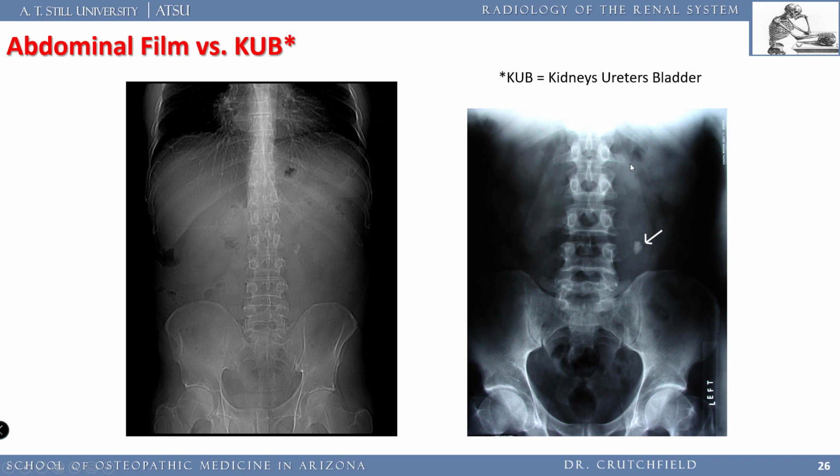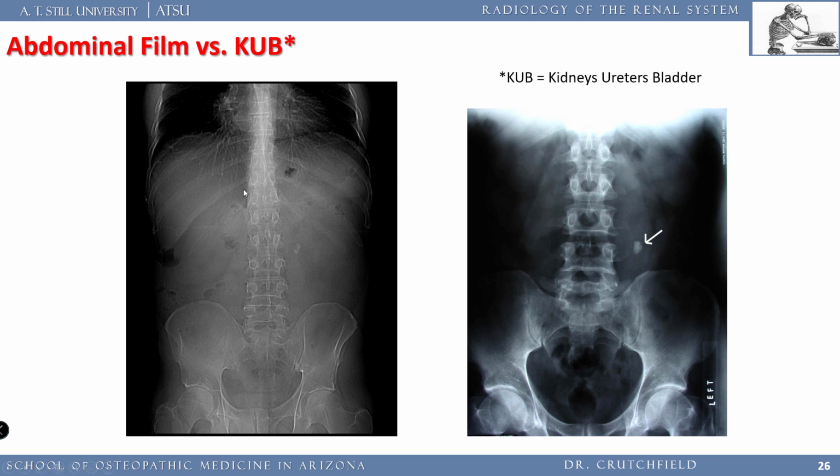And then a KUB. KUB means picture of the kidneys, the ureters, and the bladder. That is only going to go from the top of the diaphragm down to the top of the pubic symphysis. And over here, it looks like we have an arrow pointing probably to a great big giant kidney stone in the patient's left ureter.